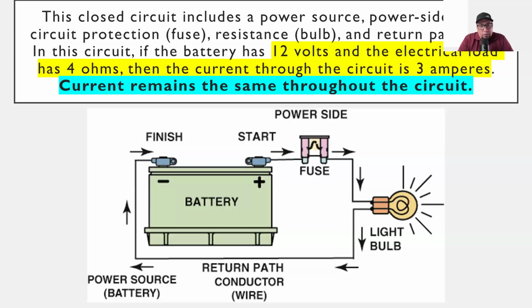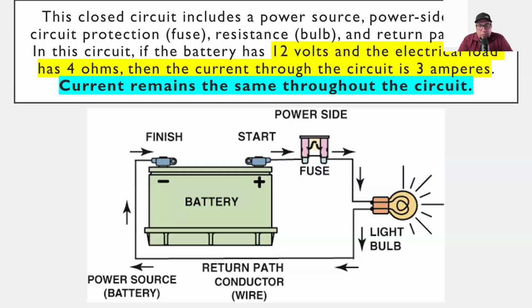The resistance is the other easier one to find, because we can get the electrical load that we're trying to put into a circuit. In this picture, it's a bulb. We can measure that the bulb is 4 ohms. So we have a 4 ohm bulb and 12 volts.